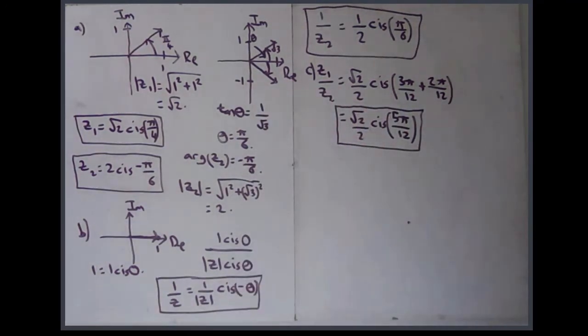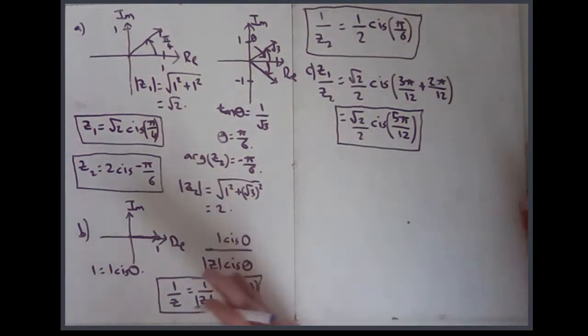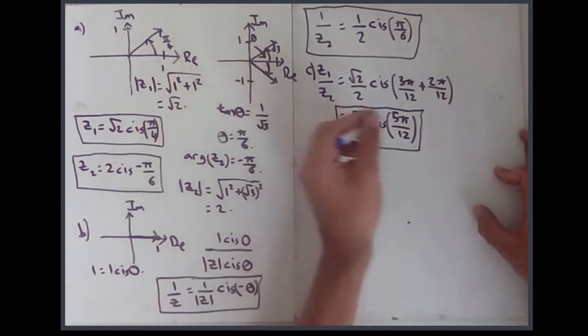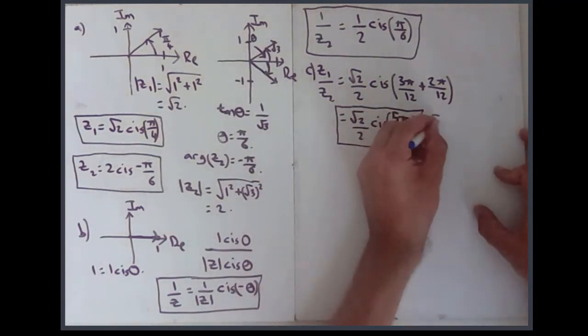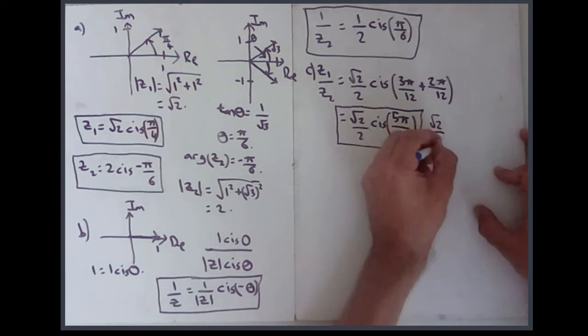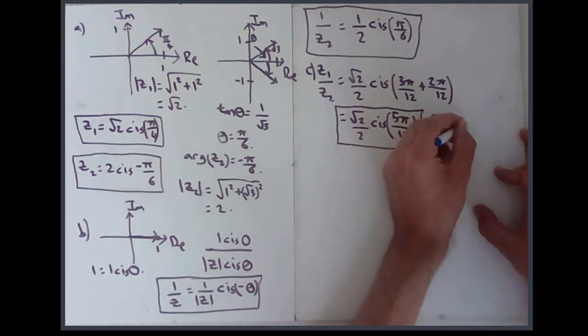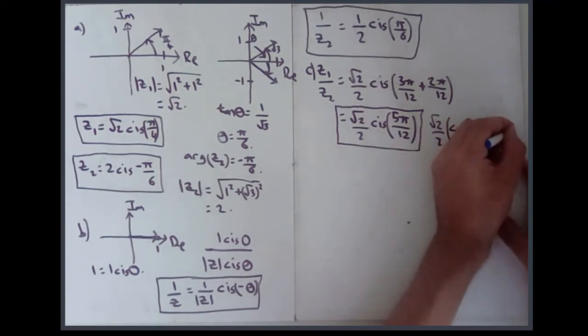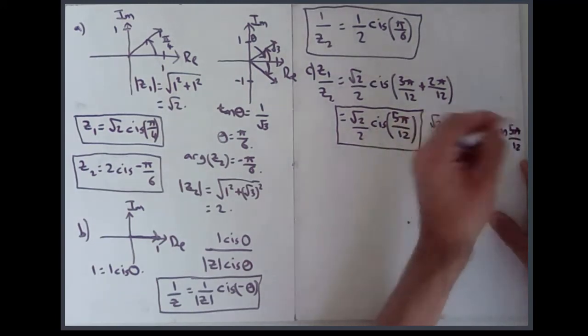Part D, use the results from part A and C to find the exact values of sine 5 pi by 12 and cos 5 pi by 12, right? So if you think about this result from part C, this means that Z1 over Z2 gives you root 2 over 2 cos 5 pi by 12 plus I sine 5 pi by 12, right?